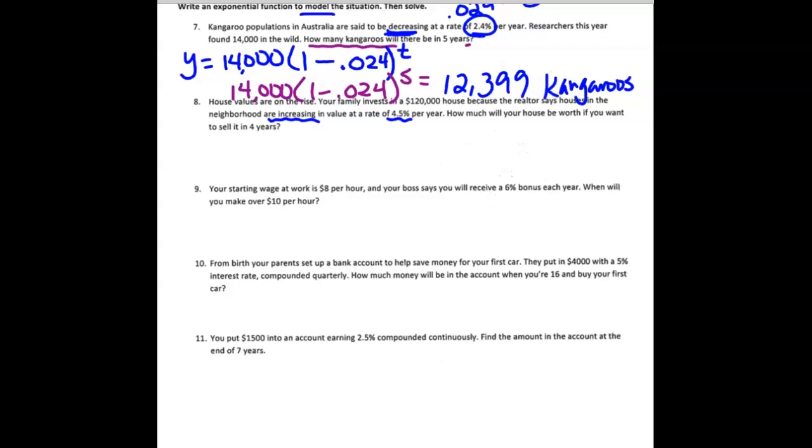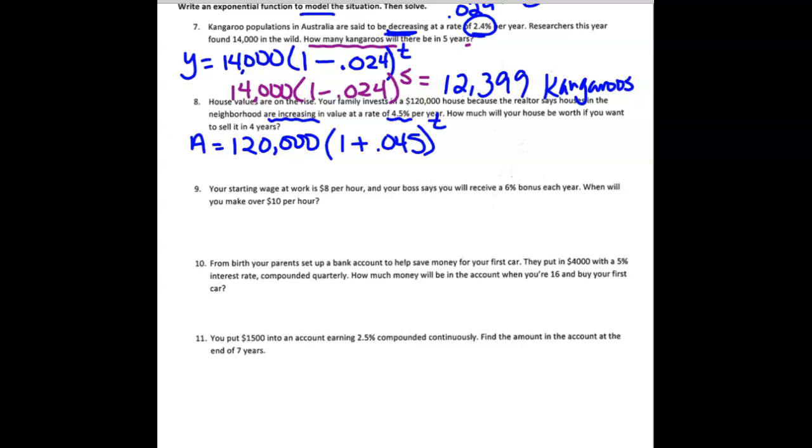Our total amount, again, you can use a Y or you can use an A, it doesn't matter. Our total amount is $120,000. We're multiplying that by 1 plus, because it's increasing, 4.5% would be 0.045 for our rate, and then to a generic time.